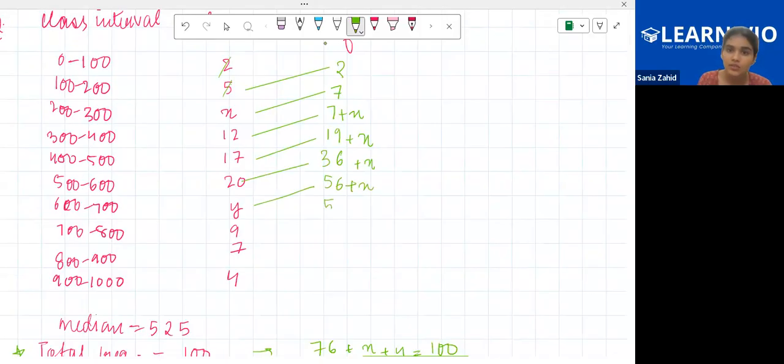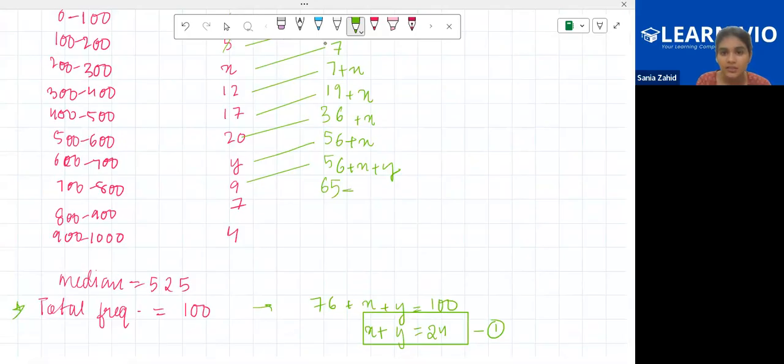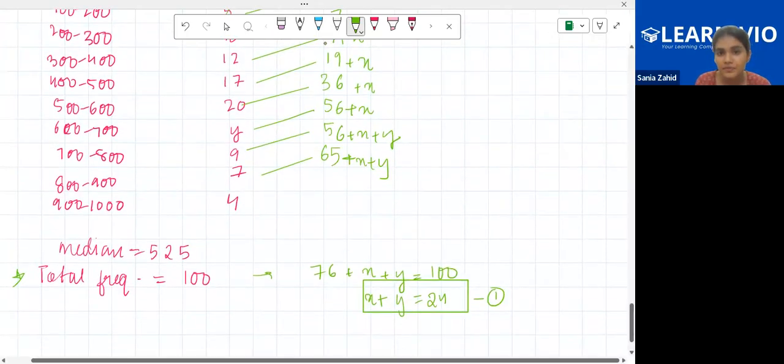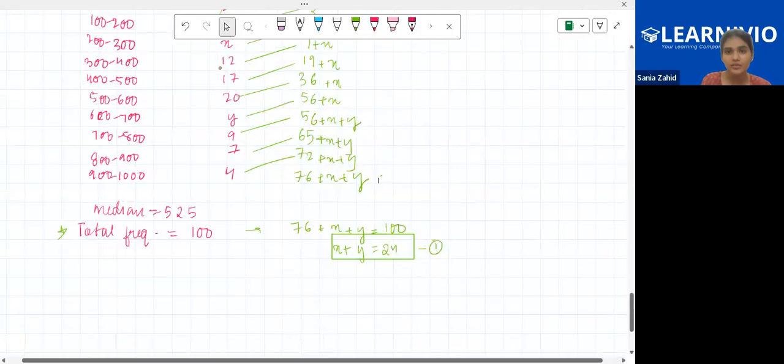This gives you 56 plus x plus y. This gives you 65 plus x plus y. Then you add this as well, and finally you get 76 plus x plus y. Please note it down till here first.